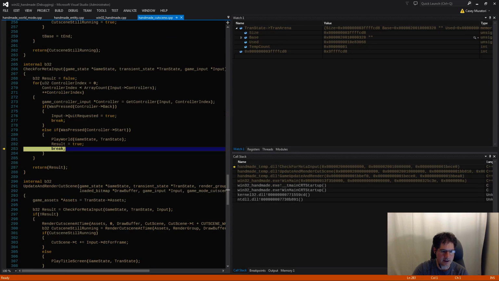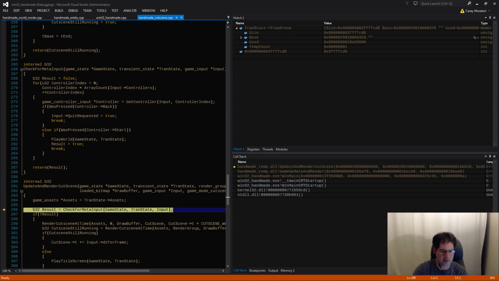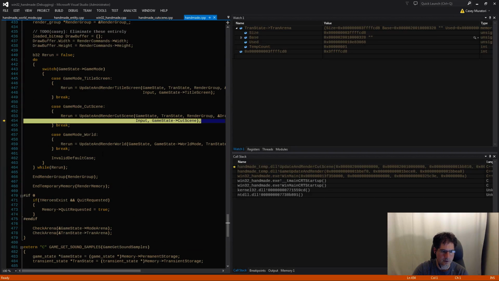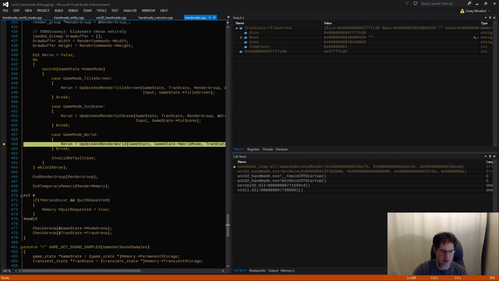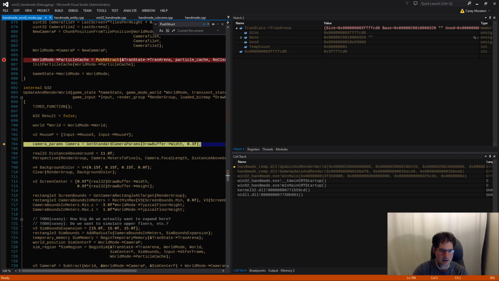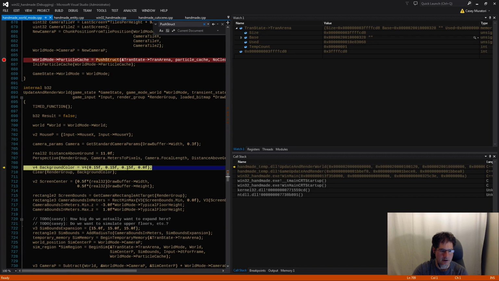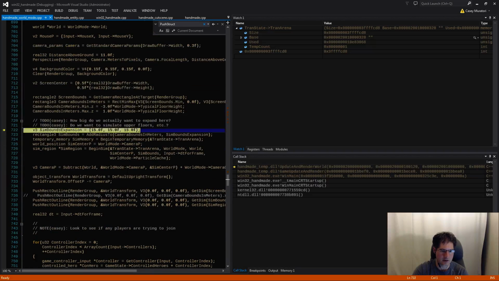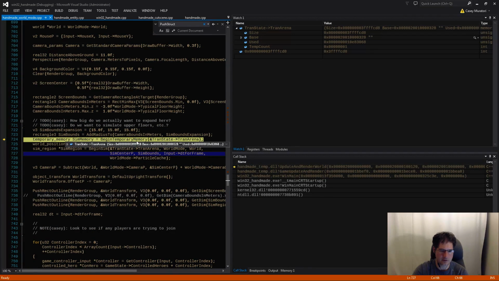So when we come out of here, let's see what happens. We're inside the cutscene renderer, and then we switch up to running the world mode, which we just switched to. And here we come through there. We are then going to begin temporary memory on the transient arena. So that got locked in properly.